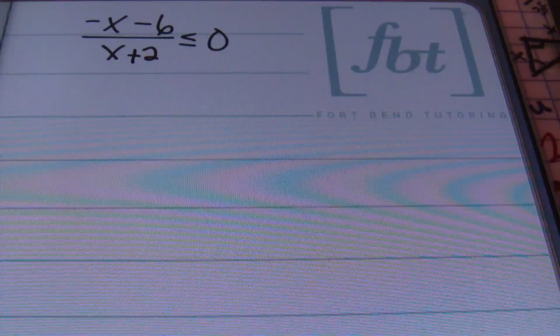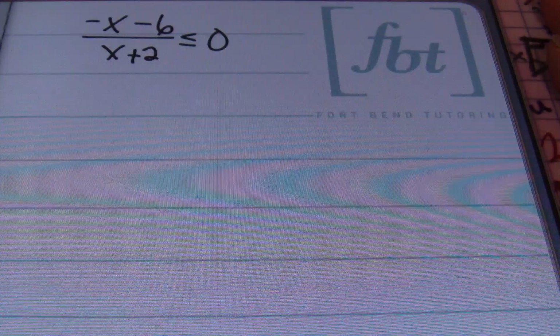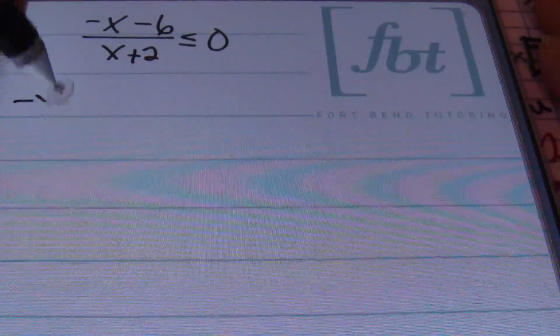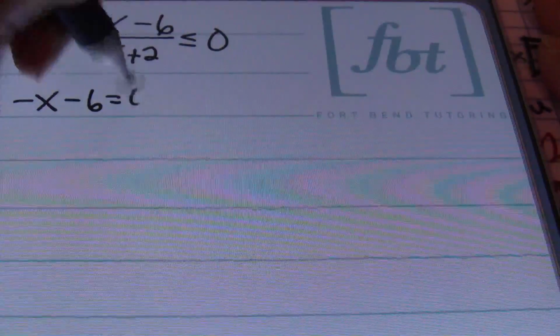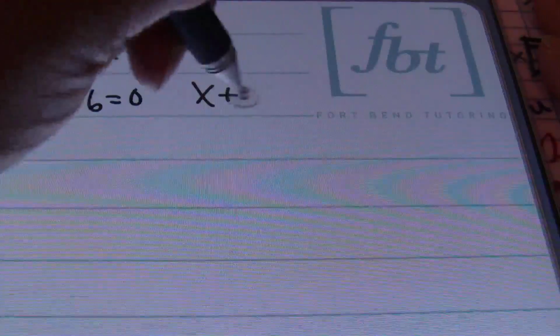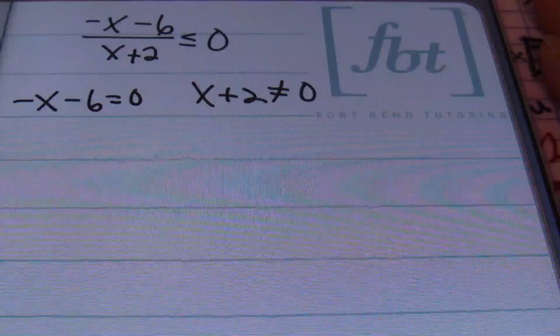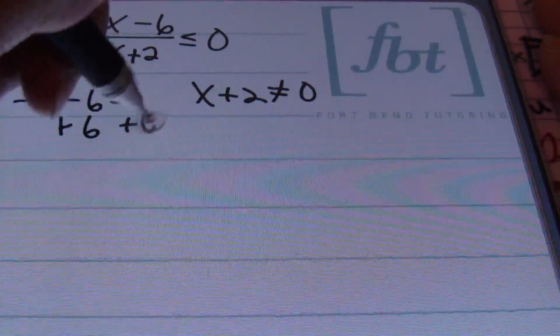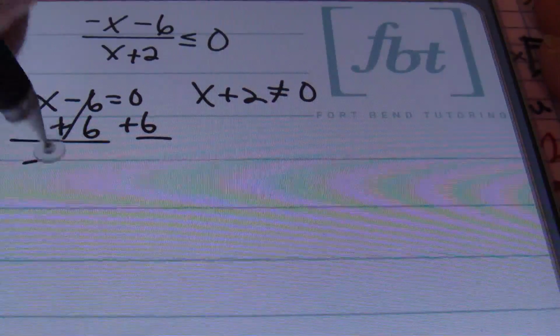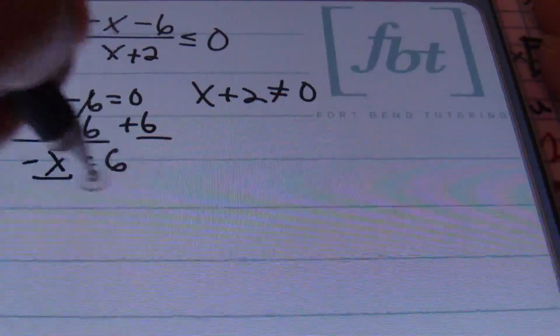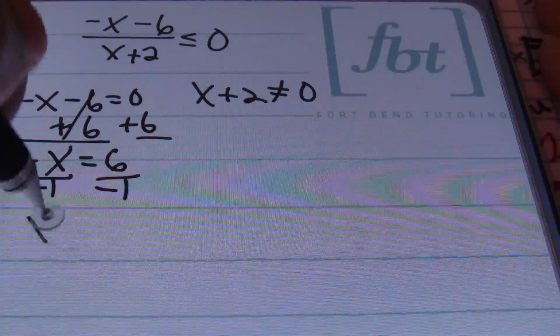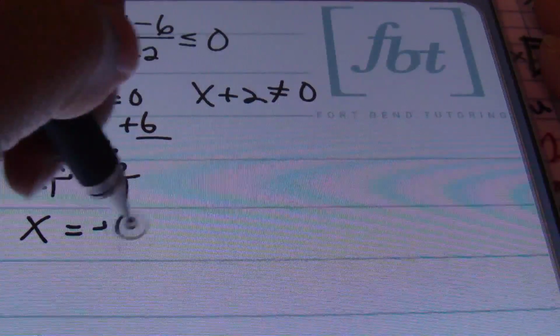Once I have the inequality in this form, I want to go ahead and find out my critical values. So I'll set negative x minus 6 equal to 0, and I'll be setting x plus 2 not equal to 0. Then solving for x in each of the equations, I'm adding 6 to both sides of the equal sign here. And this is going to give me negative x equal to 6, which I'll divide both sides by negative 1 to end up with x equaling negative 6 here.